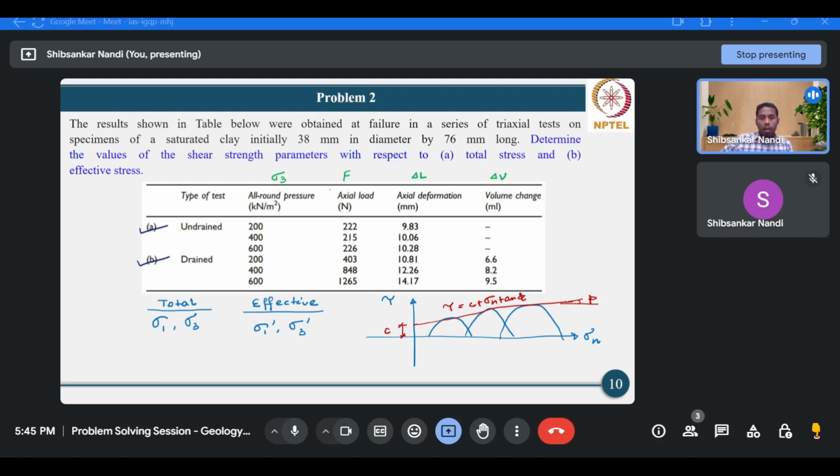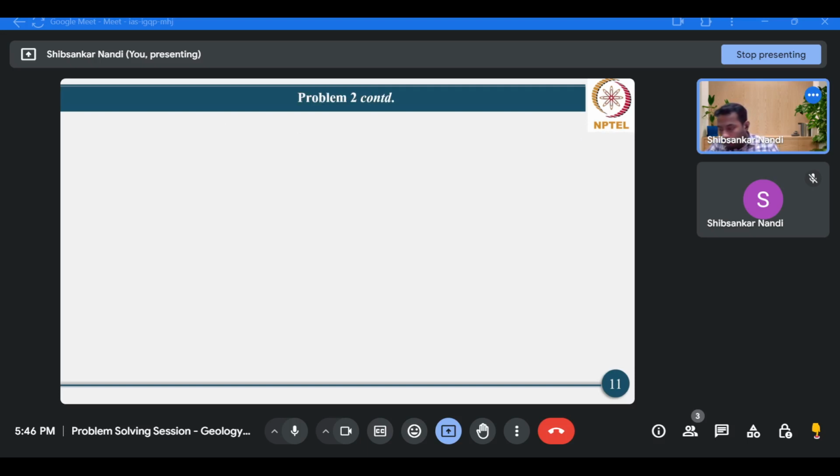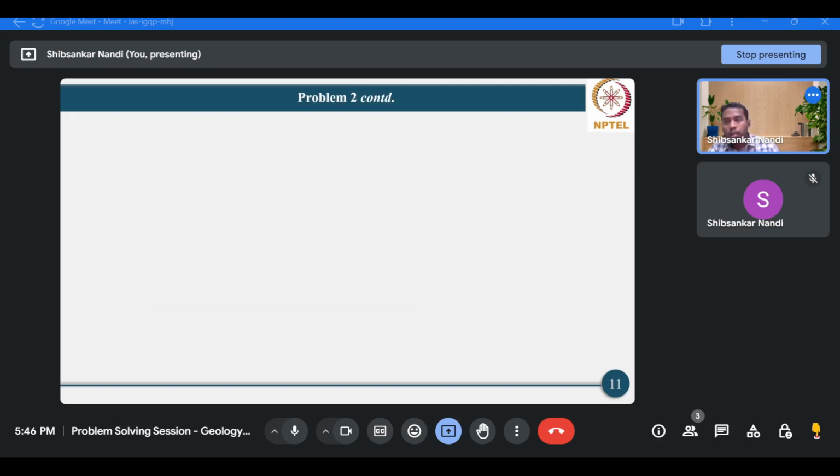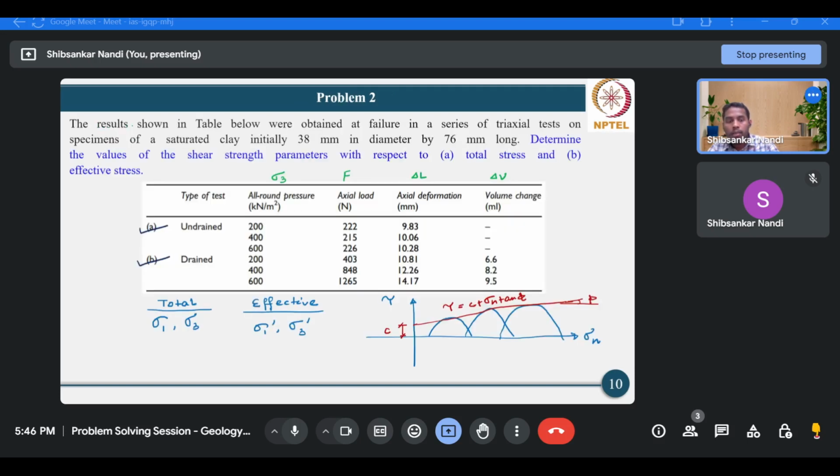Okay, so how that works we'll see. So first of all, we'll try to determine the initial area and initial volume of the sample. As you can see, the length of the sample is 76 mm.